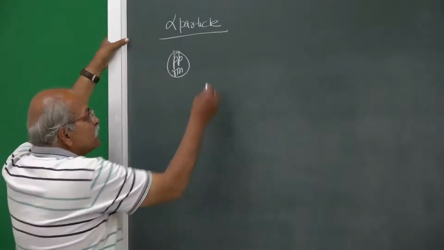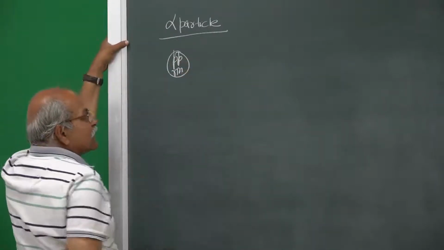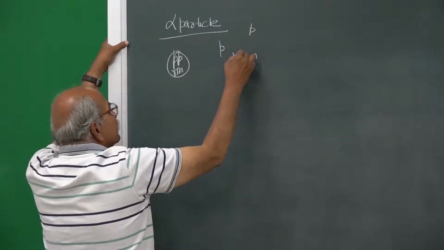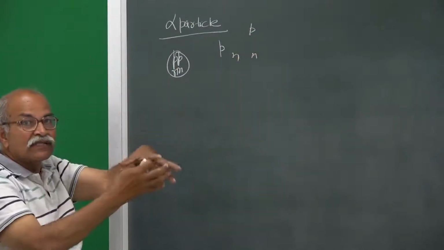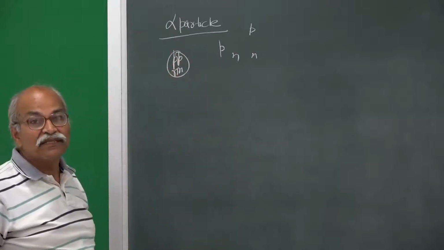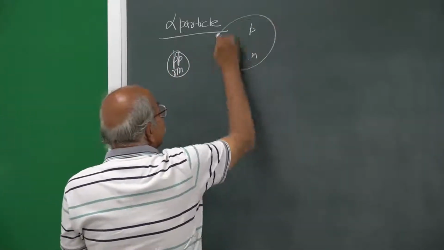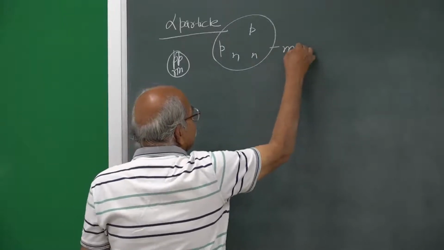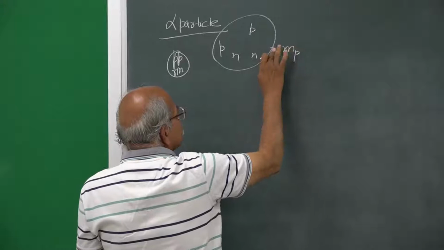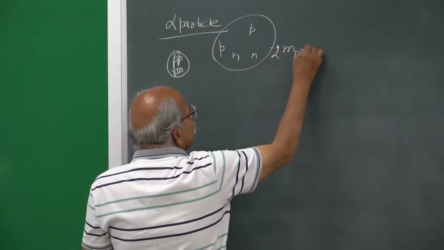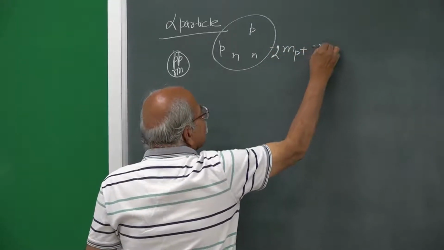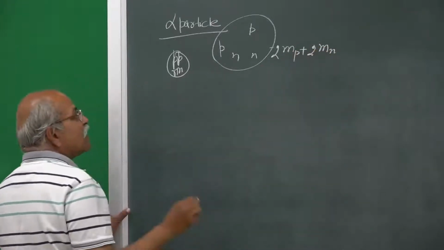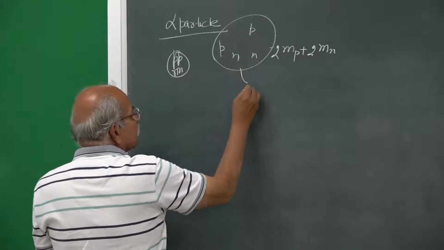Now, if you consider the 4 particles separately, P, P, N, N, not in a nucleus but separated from each other, what is the rest mass here? The rest mass will be 2 times the rest mass of the proton plus 2 times the rest mass of the neutron, or the rest mass energy if you write it in this combination.